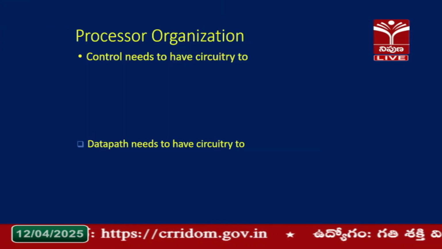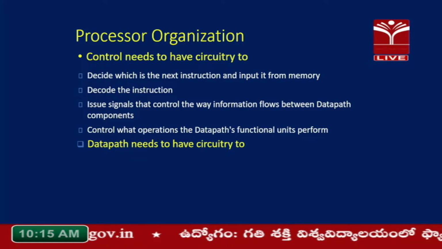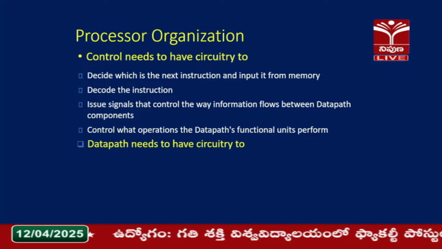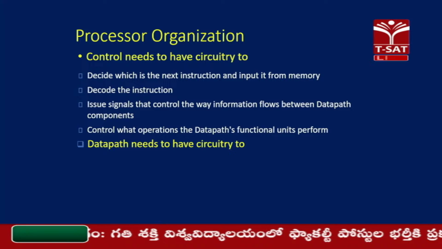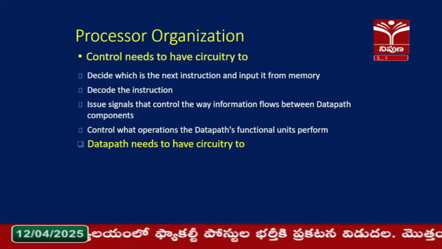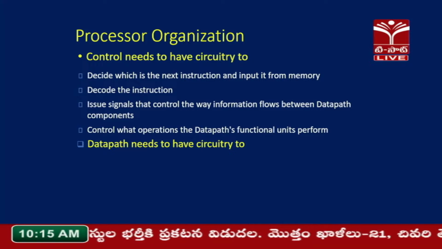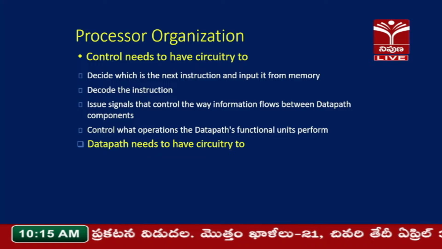So, once we have this, the processor organization, to make it comprehensive. The control is what we have in terms of the decoding circuitry, and it decides what happens, and it also instructs every unit in the system to do the operation.